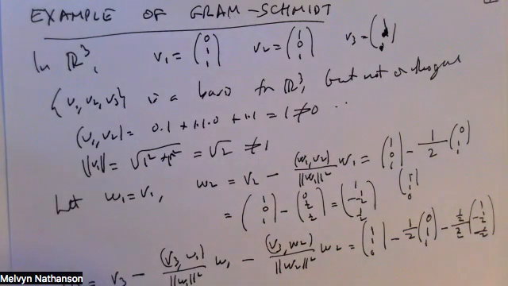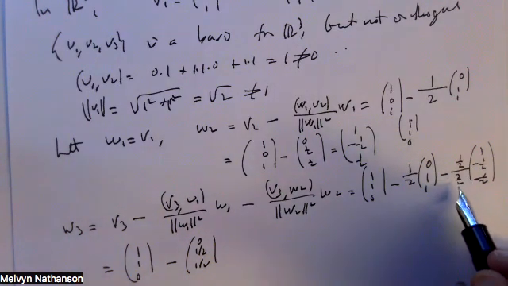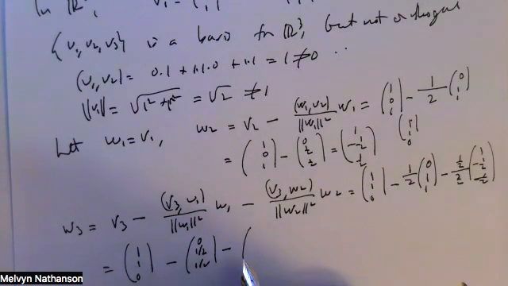So that's equal to 1, 1, 0 minus 0, a half, a half, minus 1 half over 3 halves, which is 1/3, times W2, minus a third, minus a sixth, minus a sixth.